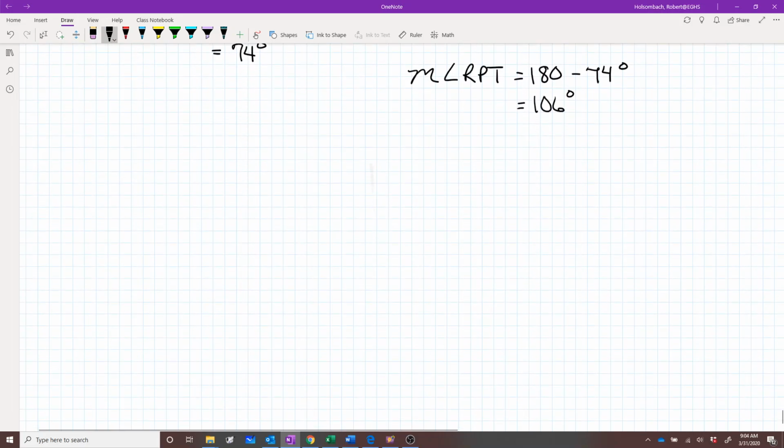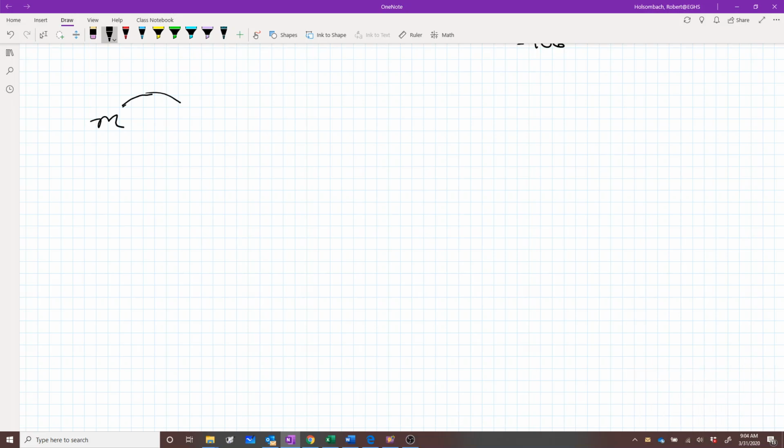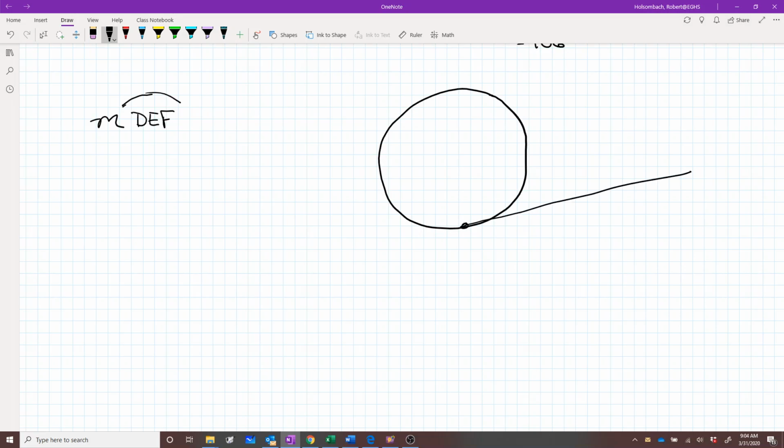Alright, in this next problem we're going to be finding the measure of arc DEF. And here's our circle. There's our tangent, and here's our secant.